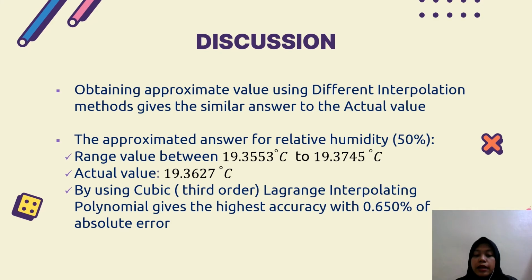This shows that using the cubic or third order Lagrange interpolating polynomial gives the highest accuracy with 0.650% absolute error.